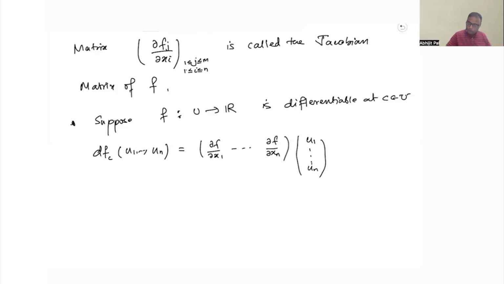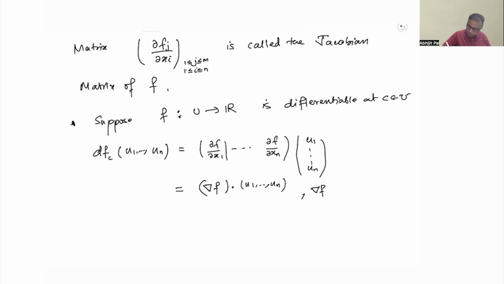This is exactly equal to the grad of f taken in dot product with this vector u, where u is equal to (u1, ..., un).